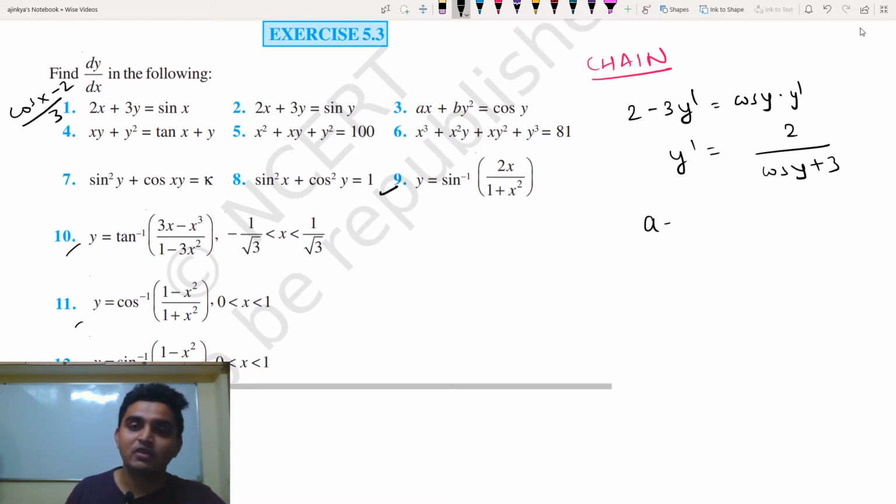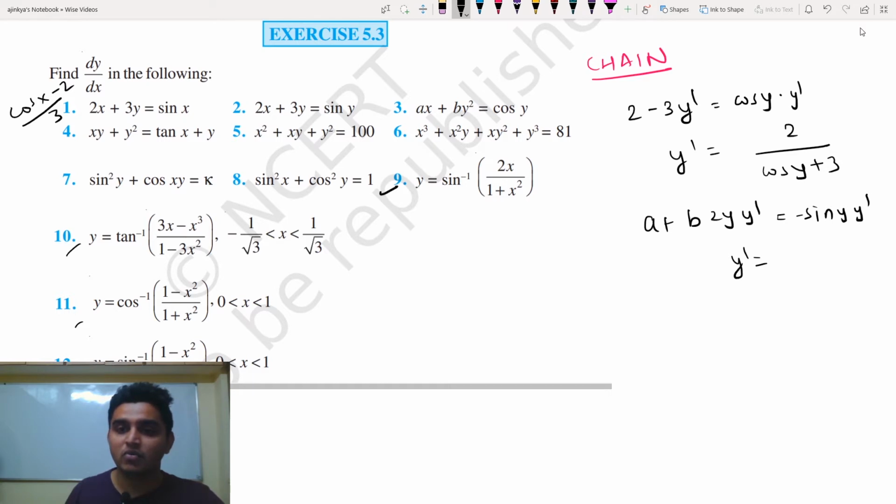So you have a plus b 2y y dash equals to minus of sine of y y dash, and here you can have y dash as equals to, so since you have y dash on the two sides, you can collect them by doing 2by plus sine of y, and in the numerator you have minus of a.